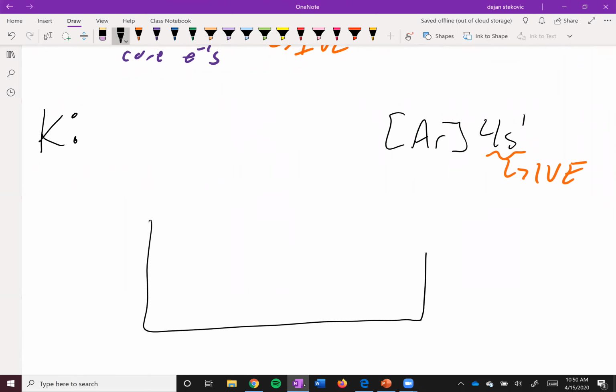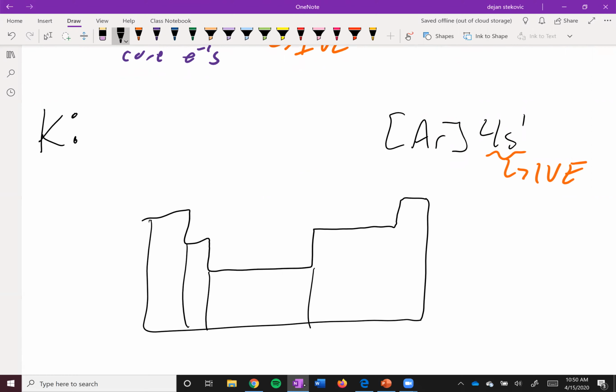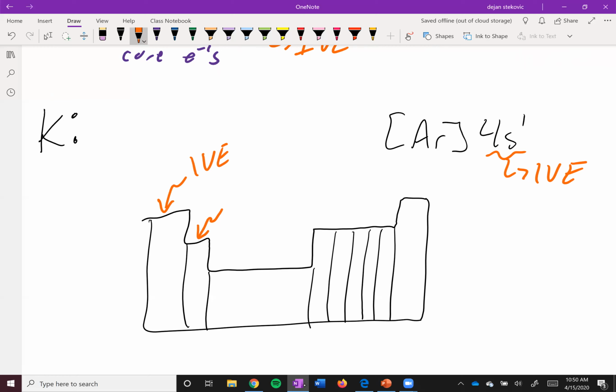So if you draw your little periodic table diagram, everything in group 1 has one valence electron. Everything in group 2 has two valence electrons.